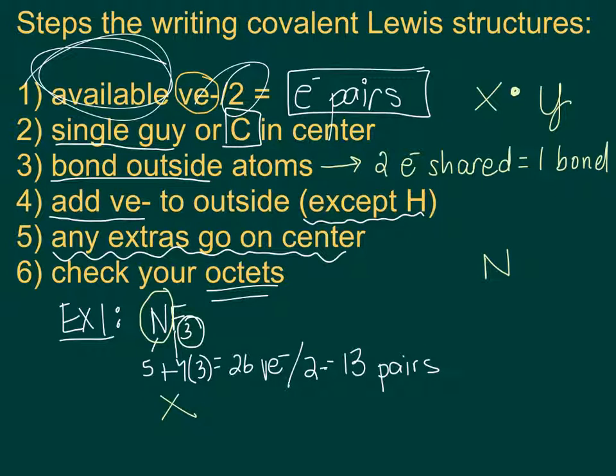X brought a circle, Y brought a dot. How many electrons are between X and Y? 2. Since there are 2 electrons being shared, we call that a bond. Another way you're going to see this is X with a line in between Y. That stick represents that bond.